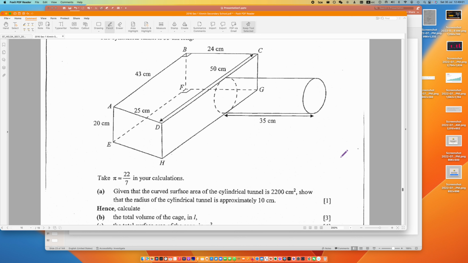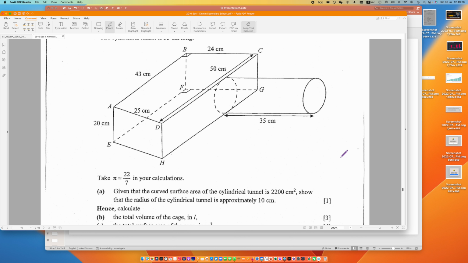Okay, so let's look at this question. What two figures do you see? What's this figure? Cylinder. What's this figure? Polygon. No. What's this shape? Rectangle. This is a rectangle.